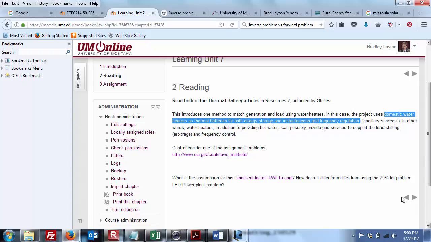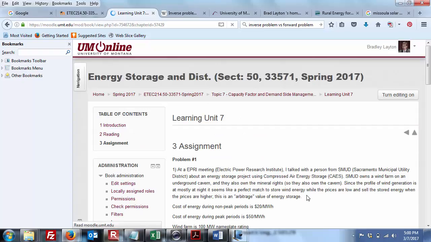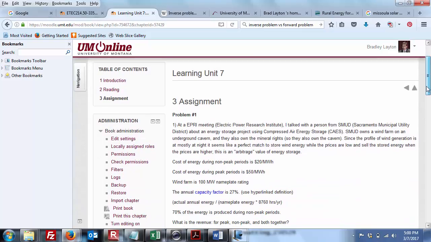And I'll let you dig through this. Cost of coal, shortcut factors, kilowatts to coal. Okay, problem number 1.